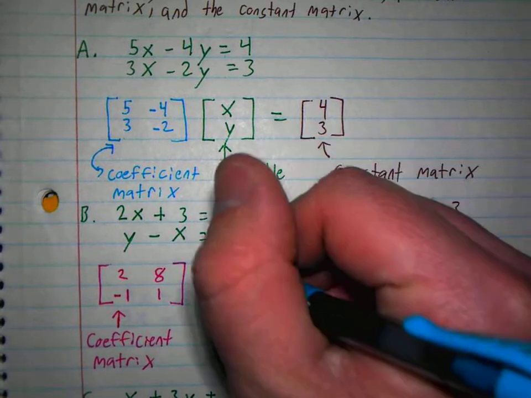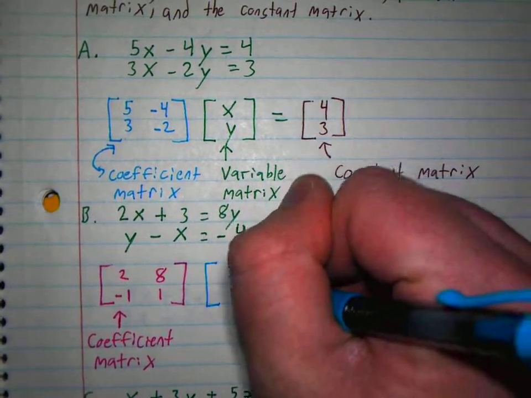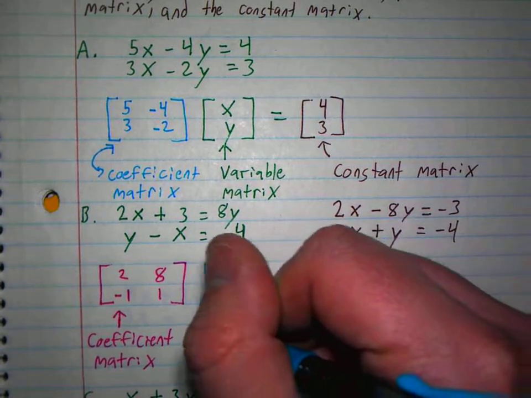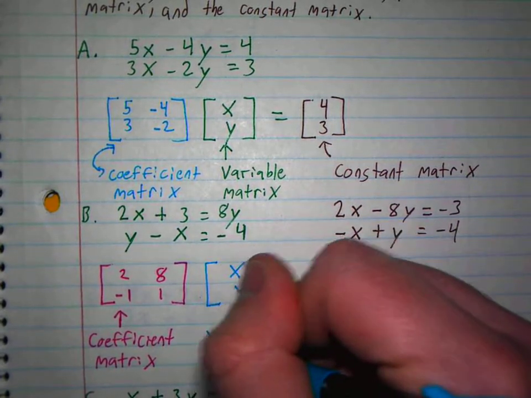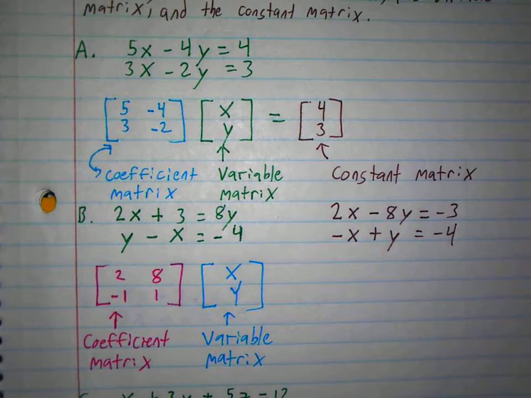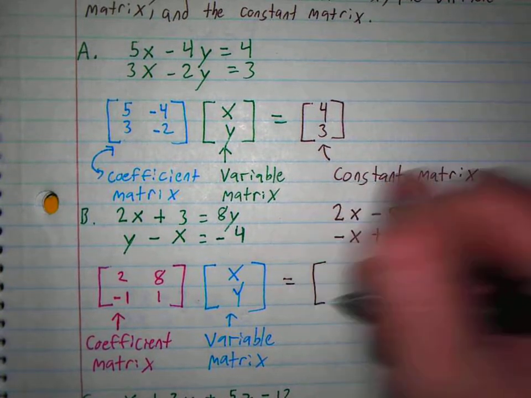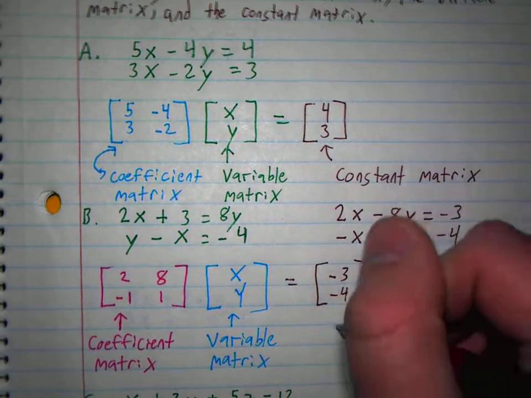X and Y. And that's called my variable matrix. And then -3, -4 is my constant matrix. For now.